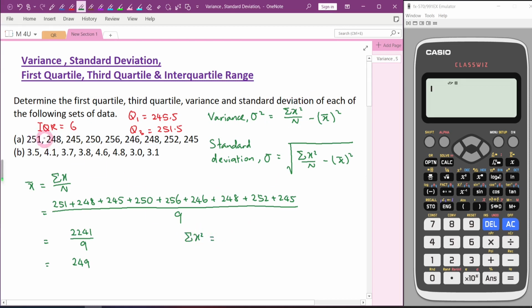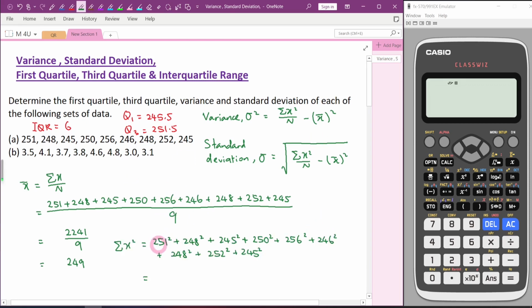It means that every number here, you need to square it. 251 square plus 248 square plus 245 square, and so on. Okay, so the sum of x squared should be, let me check, 558115. Okay, now to get the variance, it will be very easy.